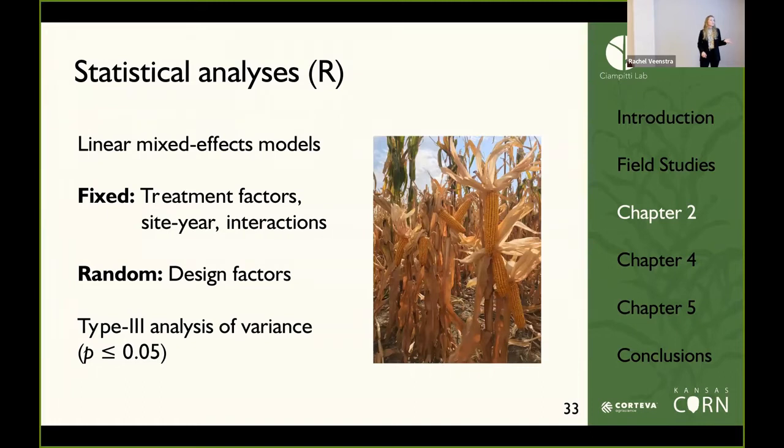For this first question, we conducted our statistical analysis in R. We fit a linear mixed effects model with agronomic factors, site year, and interactions as fixed, and our design factors as random. Our response variable, of course, was grain yield. And after we fit that model, we conducted a type 3 analysis of variance with the 0.05 significance level.